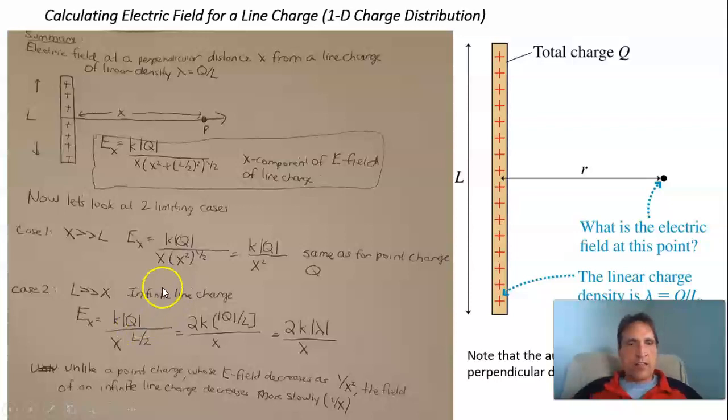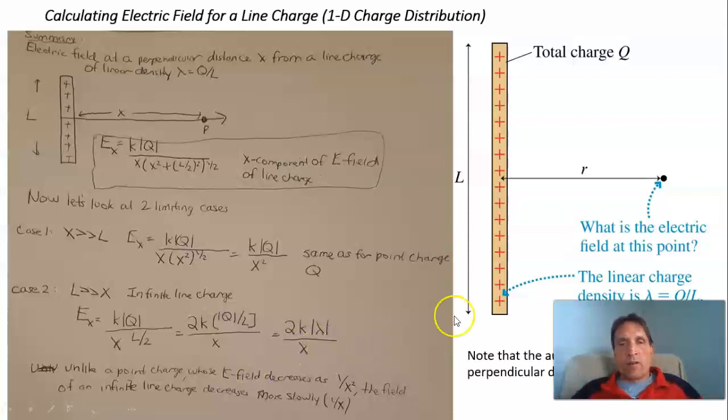And in this case, we have x squared is much less than L over 2 squared, and so we can ignore x squared in the denominator. And if we ignore that and we solve it, we get that in the electric field, this whole denominator becomes x times L over 2, and Q over L, charge per length, is just the charge density divided by x.